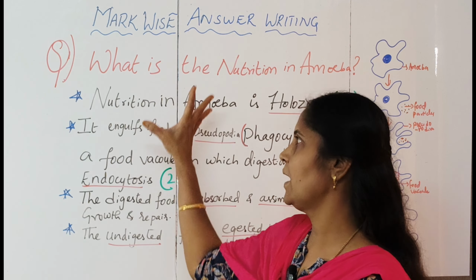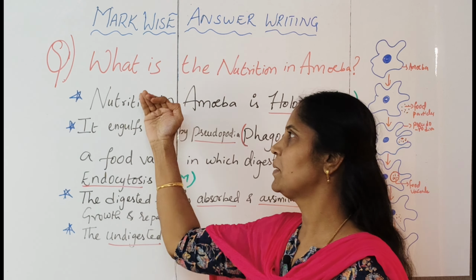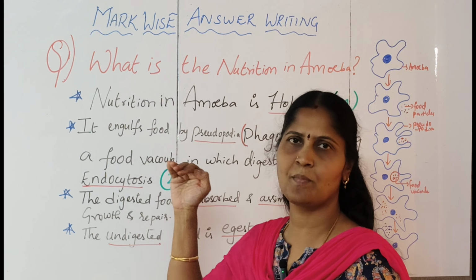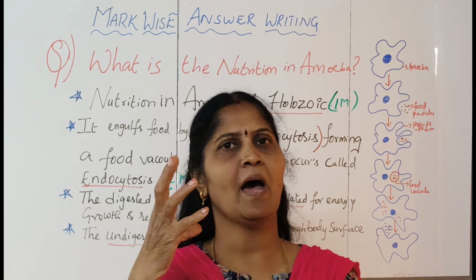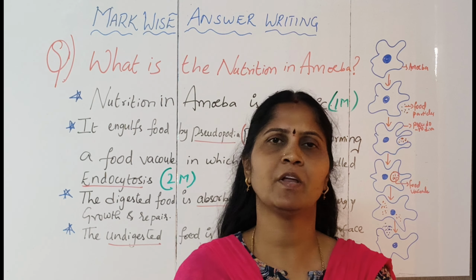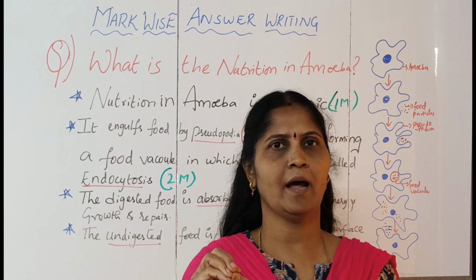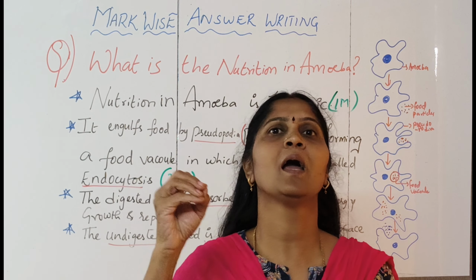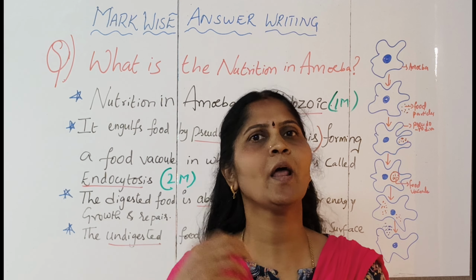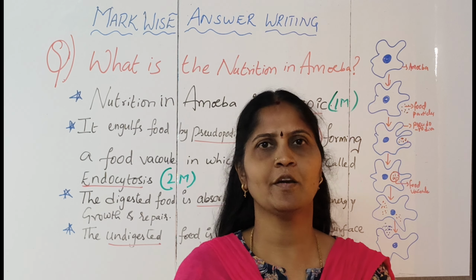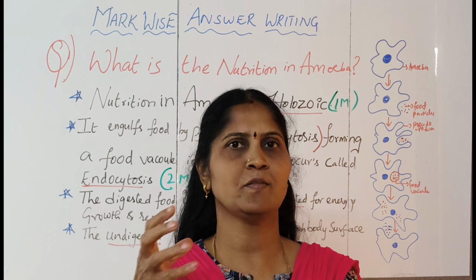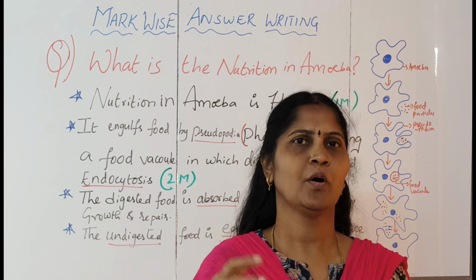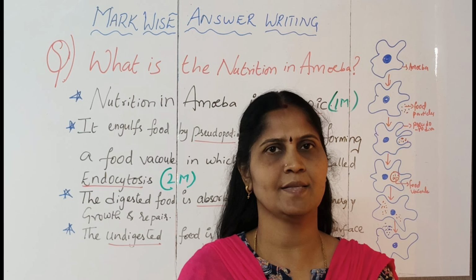So this is how the same question, if it comes for 1 mark, 2 marks or 4 marks, you should have a clear idea. If you have an idea of the concept, whatever you have studied, you can write the answer for any mark question, let it be 1 mark, 2 marks, or the essay answer for 4 or 5 marks. So I hope you followed, and try to follow whatever instructions I am giving related to the writing part of the answer. Thank you.